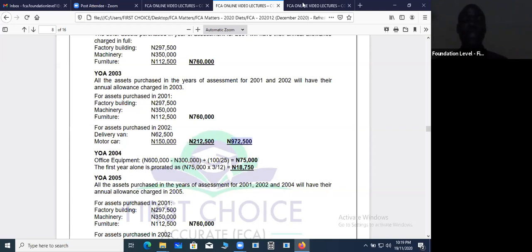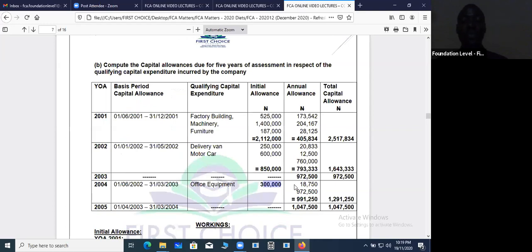So that's the 972,500 that we have here. So if you add them up together, it gives you 991,250. And your total capital allowance will be initial allowance plus annual allowance.